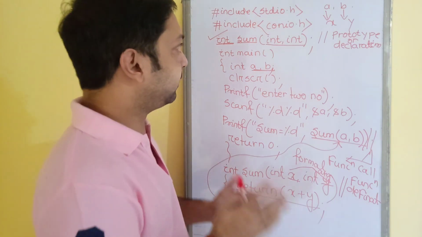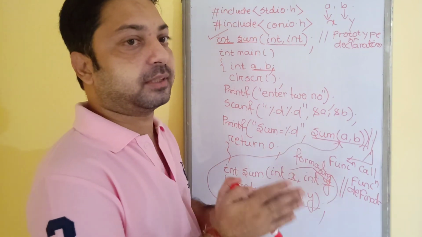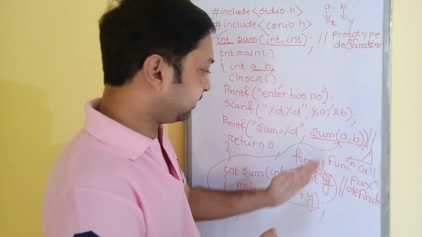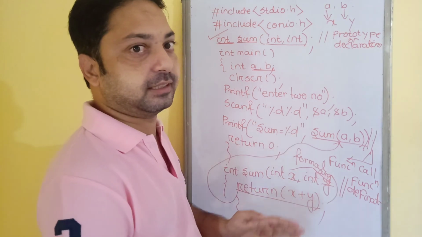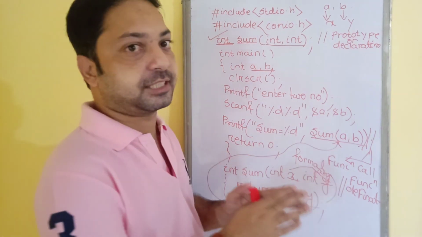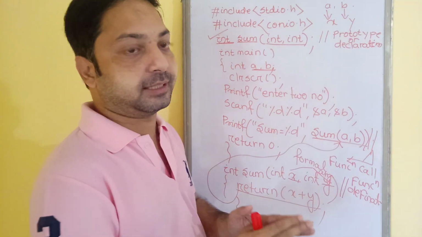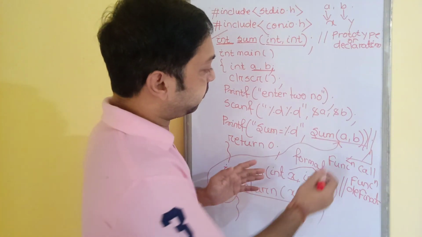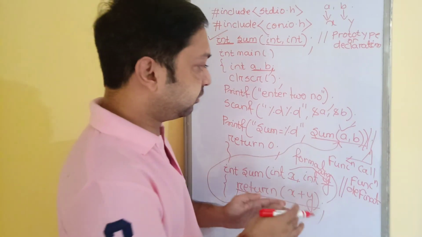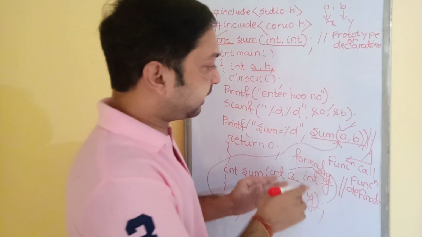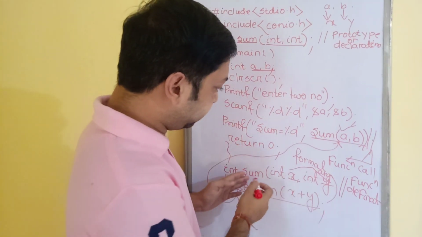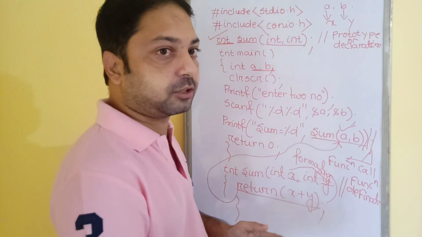So you should remember here, every user defined function must have three parts. First one is prototype or declaration, second one is function call, and the third one is function definition. In every function programming, two types of argument are there. One is actual argument, another one is formal argument. The argument whatever you are using in the function call is known as actual argument, and that is known as actual because the values are actually going to be used in the operations, and the arguments which are used in the function definition are known as formal arguments or dummy arguments.